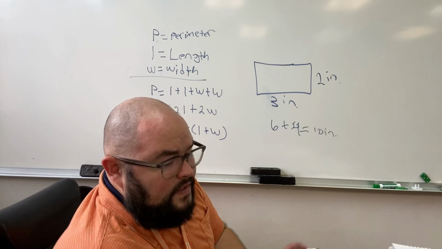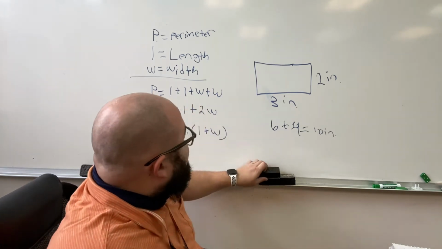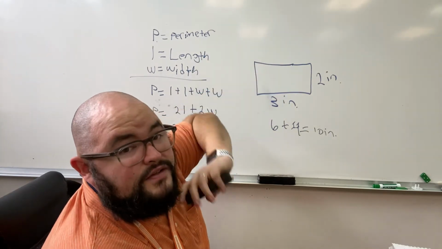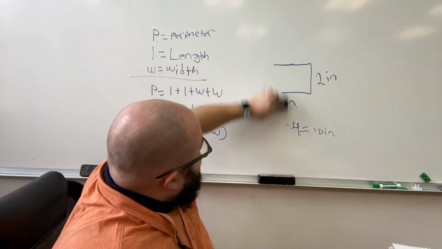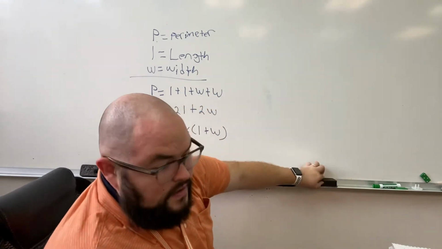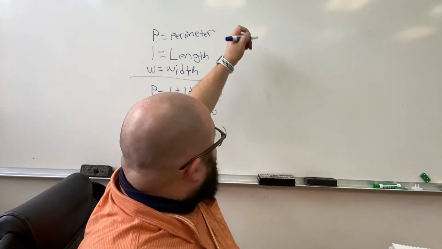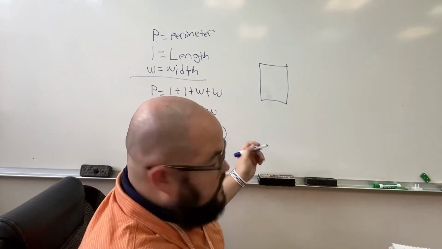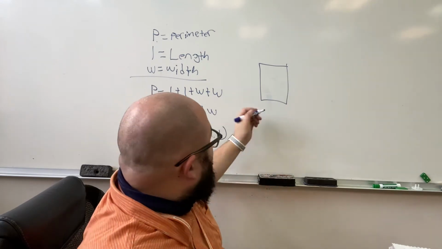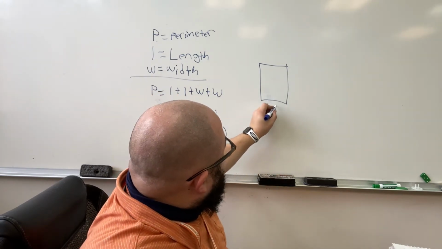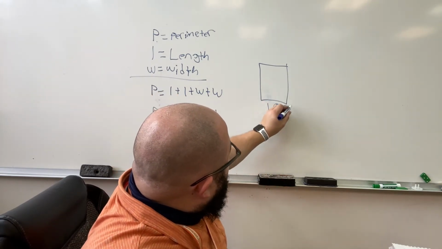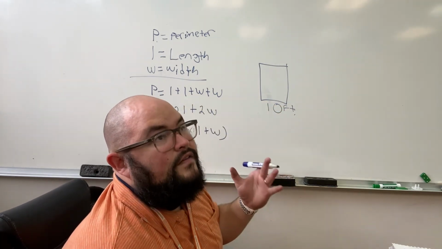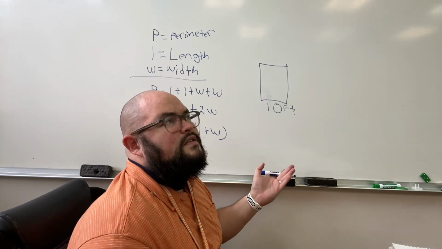Okay, let's make another one up. Hint, hint. This was number 3 on page 33. Let's say this is a square, right? We have a square. And this is 10 foot. What do we know about a square? Squares have equal sides.